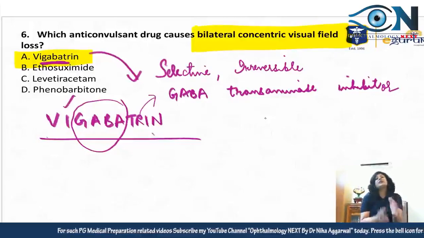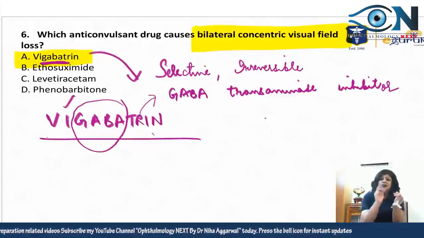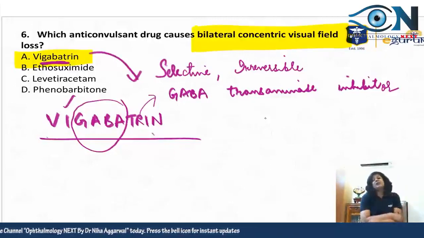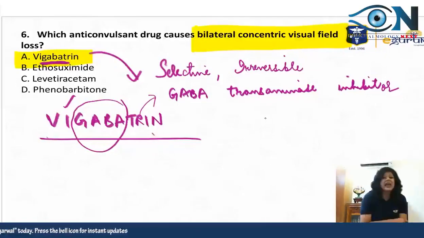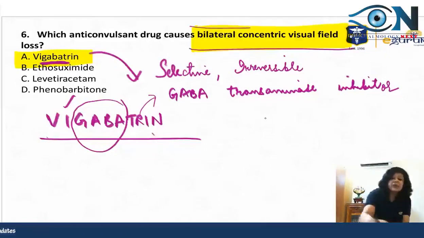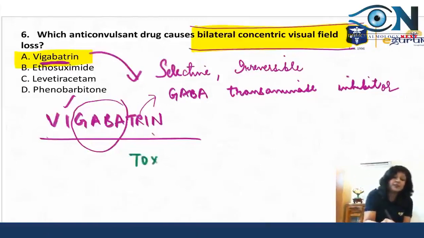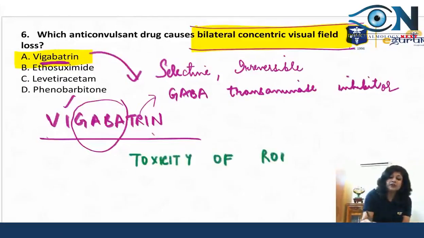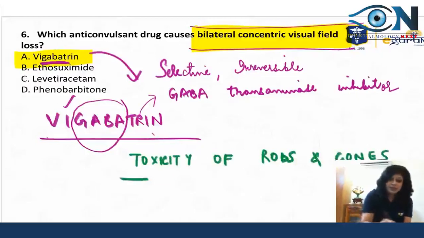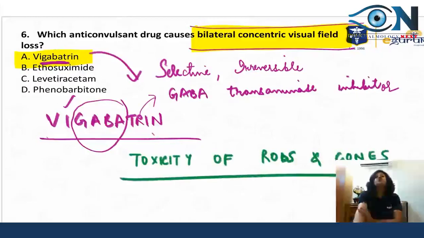So we have got the selective, irreversible GABA transaminase inhibitor, and this is actually responsible for the bilateral constriction of the visual field, and this is occurring due to the toxicity of the rods and cones, that is your photoreceptors. Basically, it is causing the toxicity of the photoreceptors.